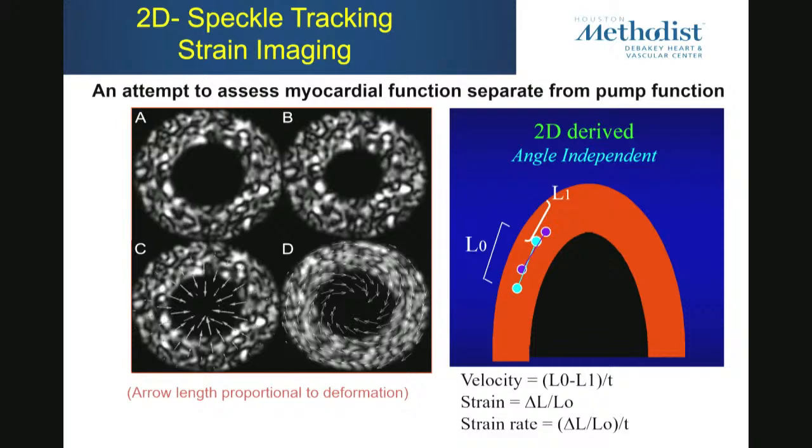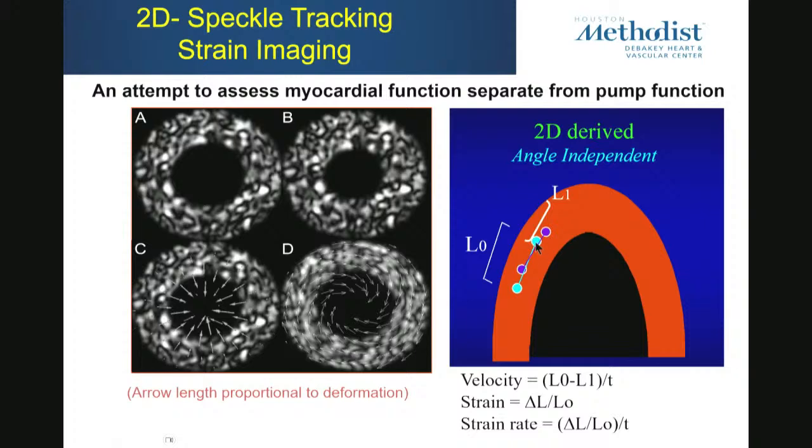So in essence, you have a digital matrix like you have in your home TV that has pixels. In those pixels, you can identify one spot in the myocardium. And now, what the system has done that is really amazing is follow that spot from diastole to systole, so how much it moves. So you have a spot here and another one here.